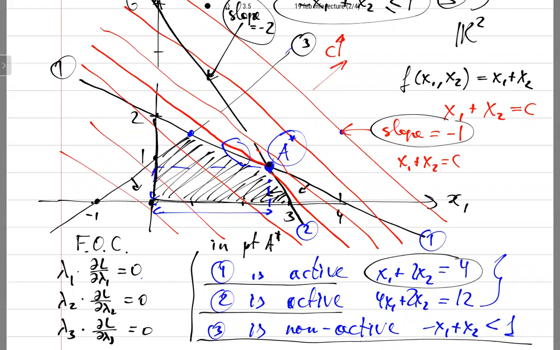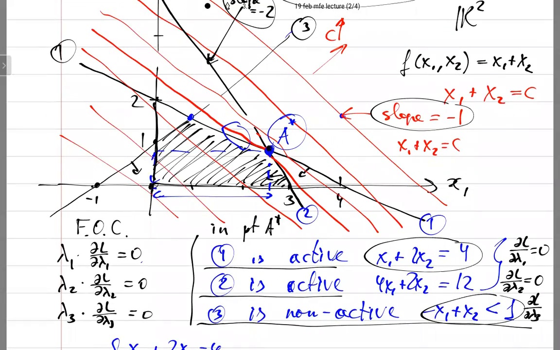That means that dl with respect to d lambda 1 is 0. That means dl with respect to d lambda 2 is 0. But that constraint means that dl with respect to d lambda 3 is, I forgot how I have included it.